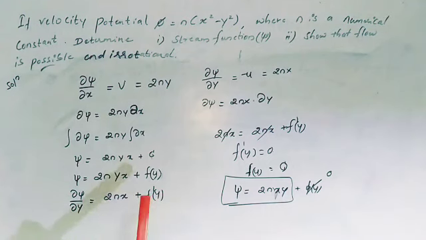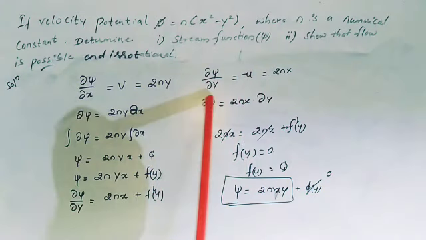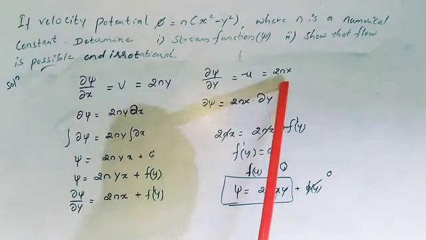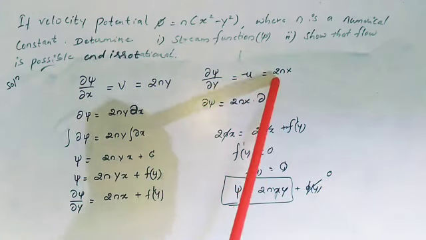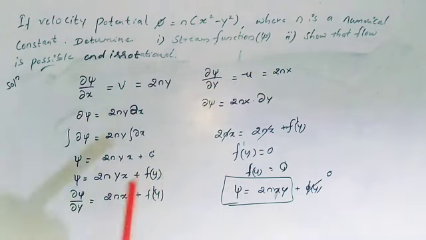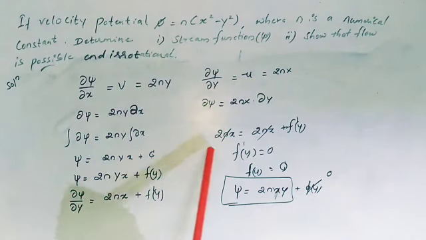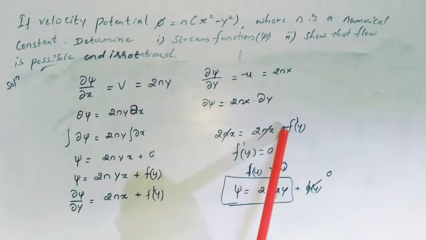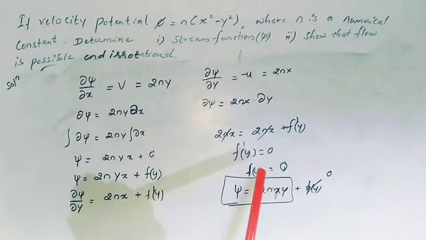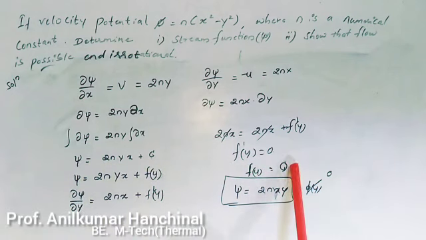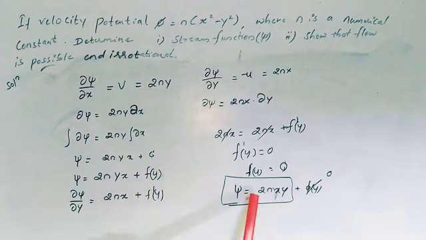Then we already know that dou psi by dou y is equal to minus u, that is nothing but 2nx. So substituting that here, I will get f dash y equals 0. It is nothing but f of y, a function of y, is 0. So substituting that in this psi function, we will get psi equals 2nxy.